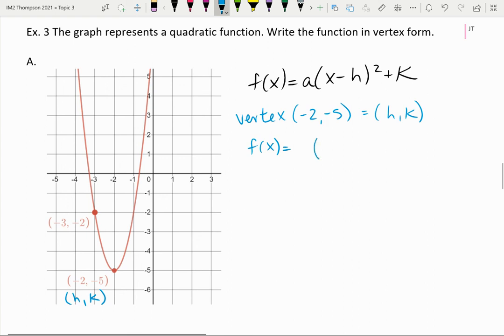I'm going to leave a space for my a, and then I'm going to have x minus h. h is already negative 2, so I'm going to actually have a minus negative 2. That's okay. I'll clean it up in a second. And then k is negative 5. The equation has minus, and I have a negative, so I have minus negative 2. And I still need this a value.